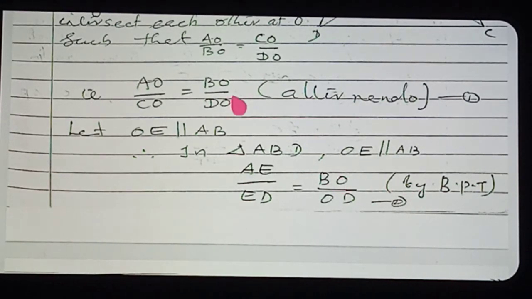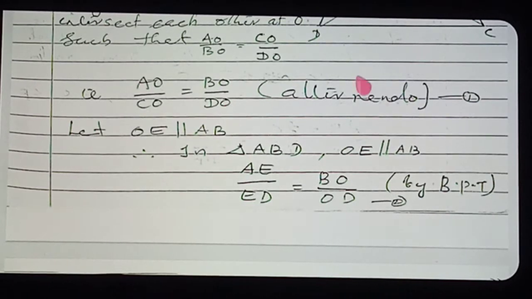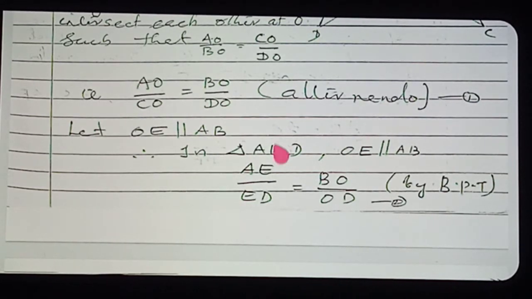Now here, first, it is already given in the question. We have not taken it from anywhere. AO by BO is equal to CO by DO, given. By applying alternando we have written it as AO by CO is equal to BO by DO. We kept it as question number 1. Now you got from triangle ABD, AE by ED is equal to BO by OD.